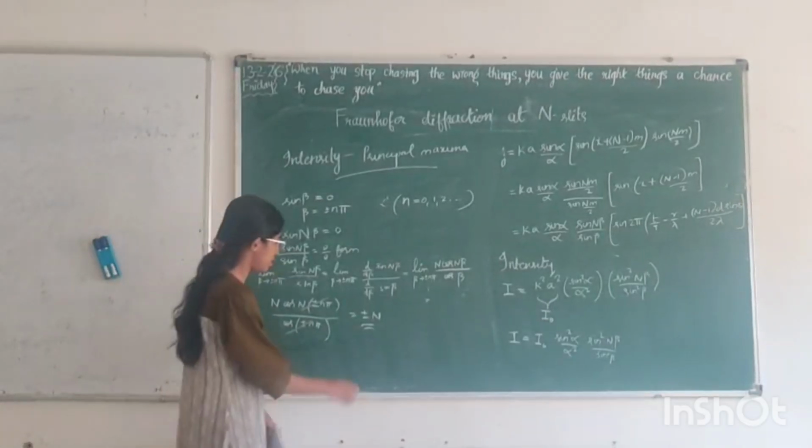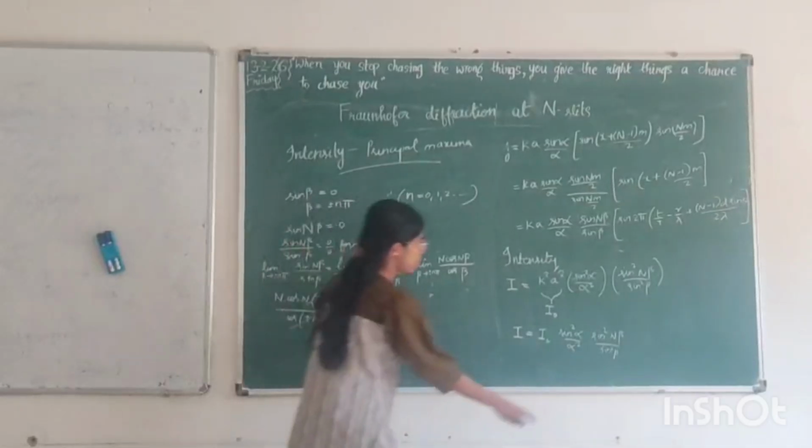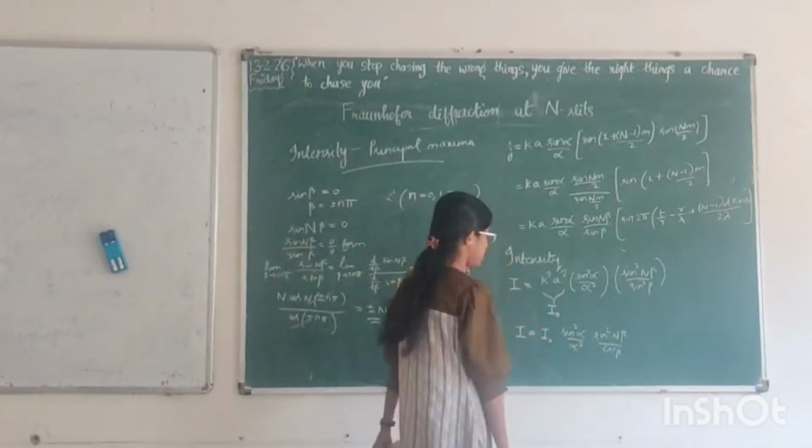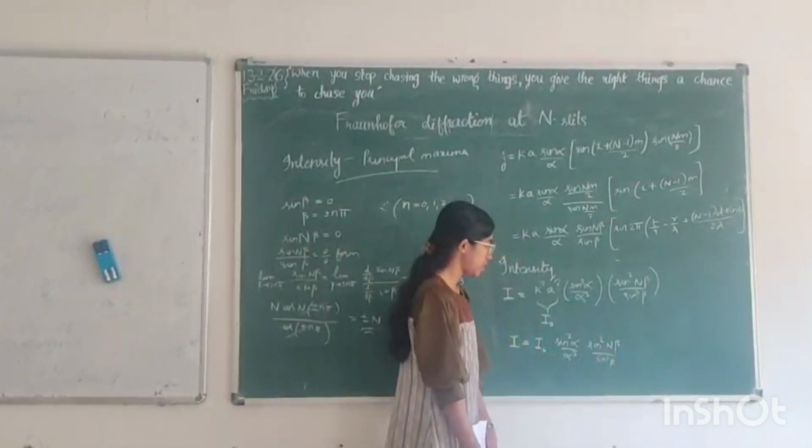Now the sin n beta by sin beta is equal to n. So sin square n beta by sin square beta will be n square.